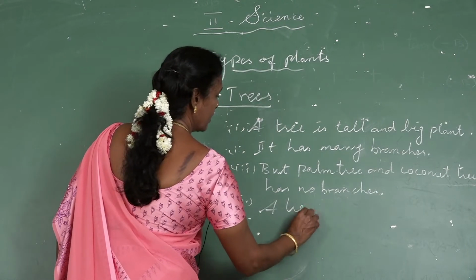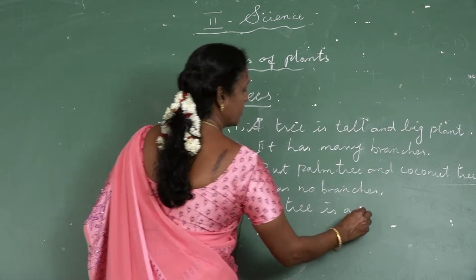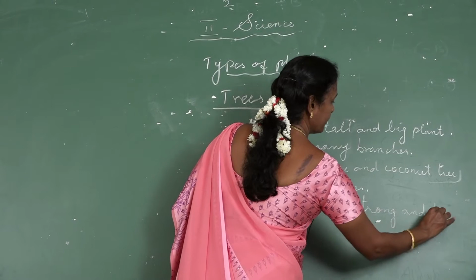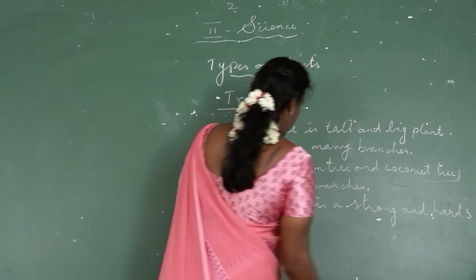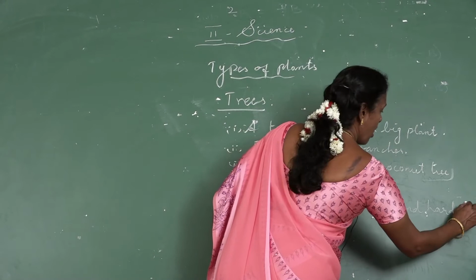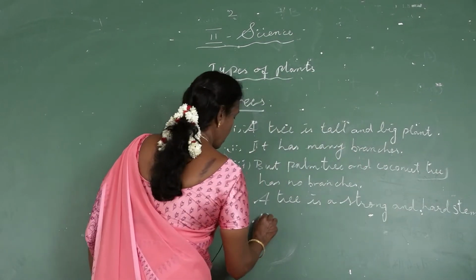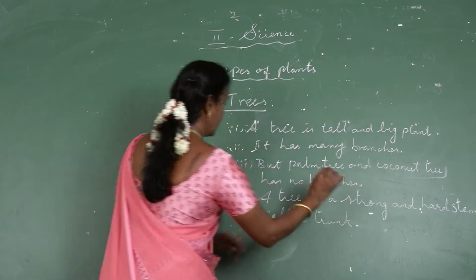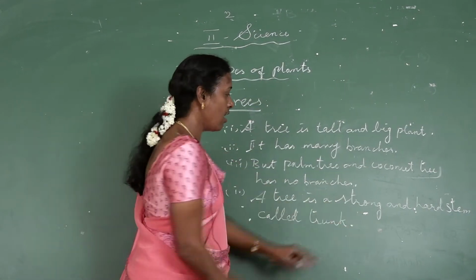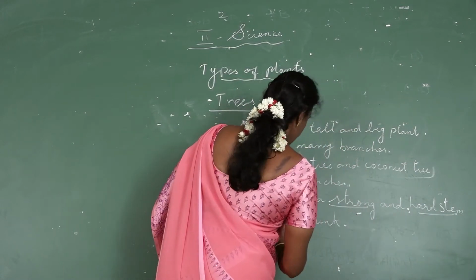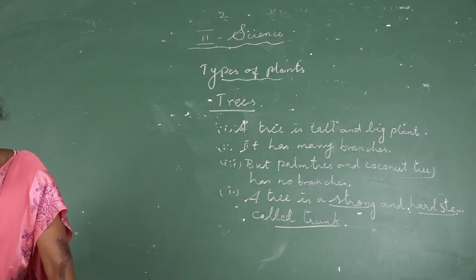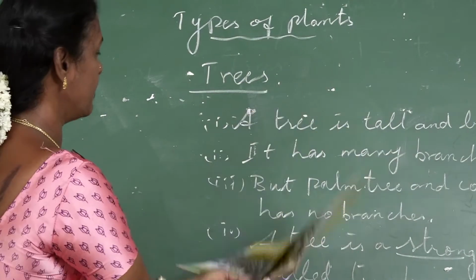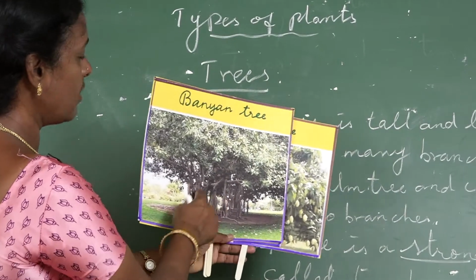A tree has a strong and hard stem called the trunk. You see this picture? This tree has a strong and hard stem.